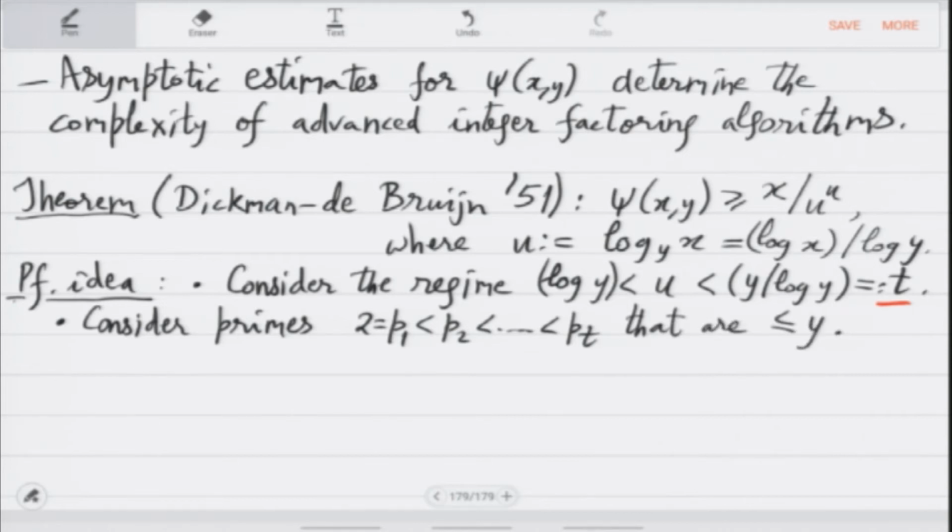We'll call them P1 to Pt. Notice that asymptotically the number of primes is like y over log y, so there are around t of them. Let's enumerate them, P1 to Pt. This is the base on which you will build smooth numbers m. You will multiply these primes with repetition.